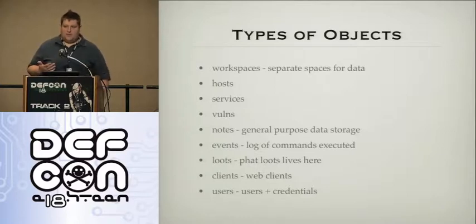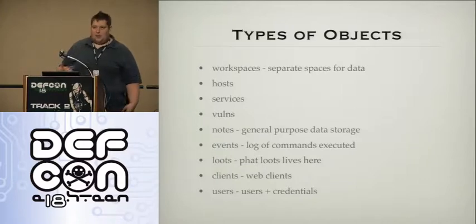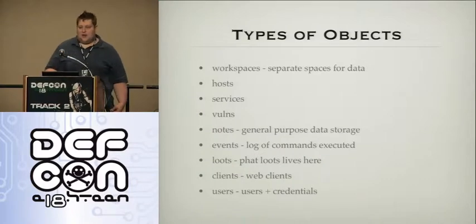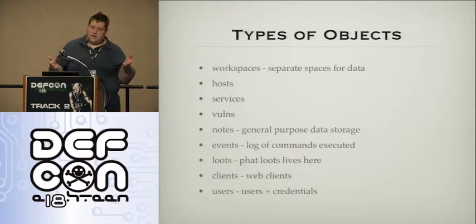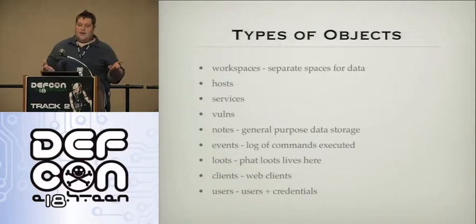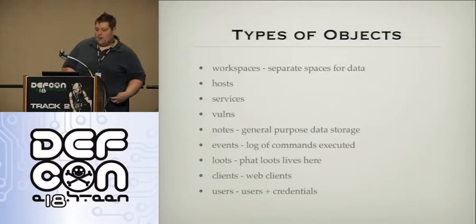Where Workspaces become nice is if you are doing a pen test of the same company multiple years in a row, then you may be interested in pulling your database from last year for the same thing, opening a new workspace, and then as you're looking at changes between the 2 years for things that have hopefully improved, then you can compare the two workspaces programmatically to be able to determine what has changed and what hasn't.